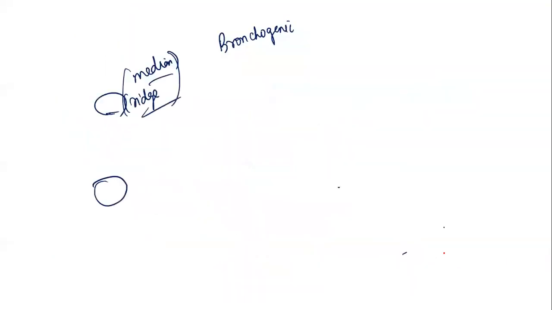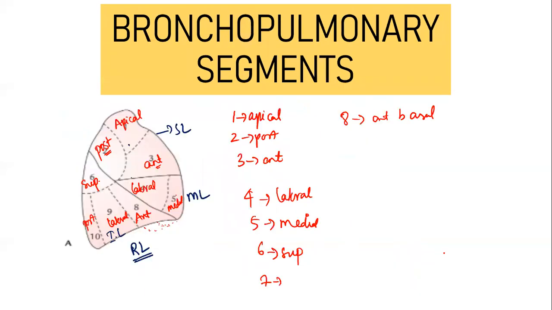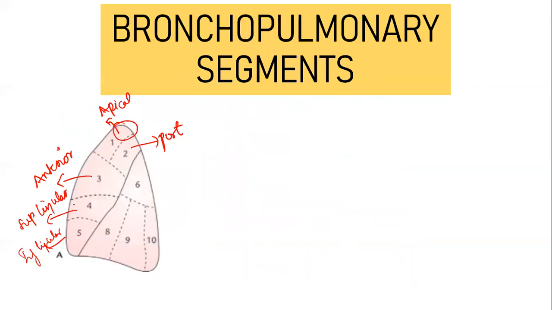So of the segments in the superior lobe, on the lower aspect you have got superior lingular and inferior lingular. So lingula will be here, so it is superior to the lingula, and here it is inferior lingular. So apical, posterior, anterior, superior lingular and inferior lingular. Now we come to the inferior lobe segments. What are the things that I am able to make out?